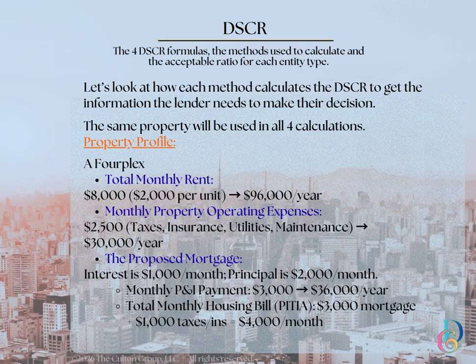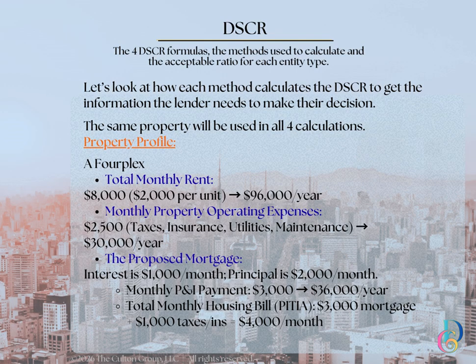Okay, that is the profile of the property. The quadplex, and 8,000 a month, 2,000 per unit, 96 a year. Monthly operating expenses, 30 a year.